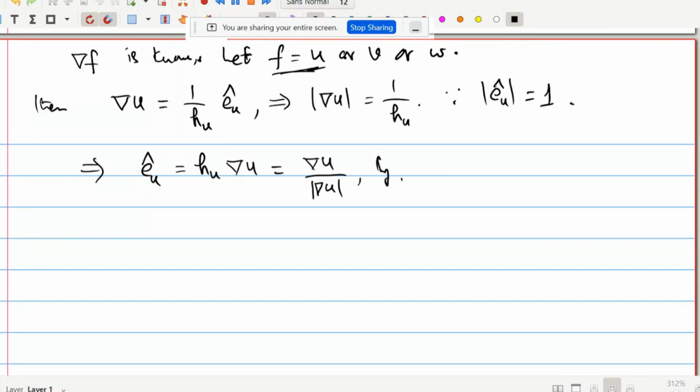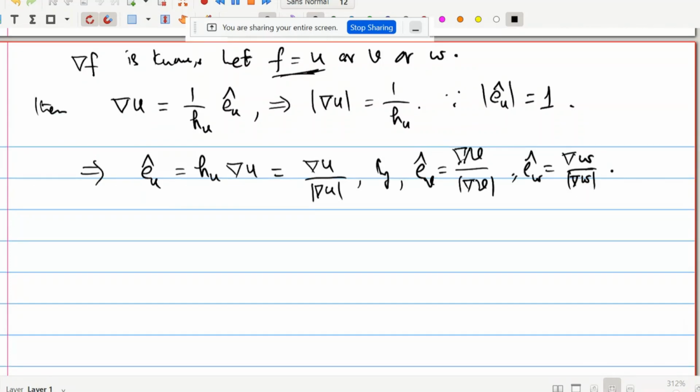So similarly, ev cap is also gradient of v divided by its modulus, if I take f as v alone. And ew cap is also, I can write like gradient of w divided by its modulus of gradient of w.